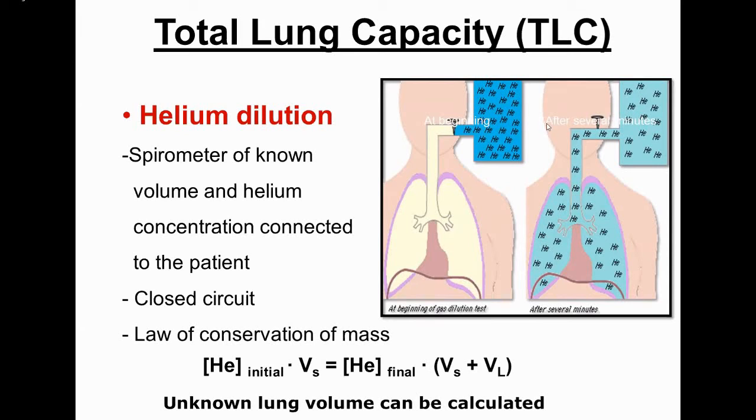You can see that the person is allowed to breathe in helium, and then we calculate the tidal volume, the expiratory reserve volume, and the inspiratory reserve volume in this closed circuit. So this is another method called the helium dilution method, in which, if we don't know an unknown lung volume, we can calculate it.